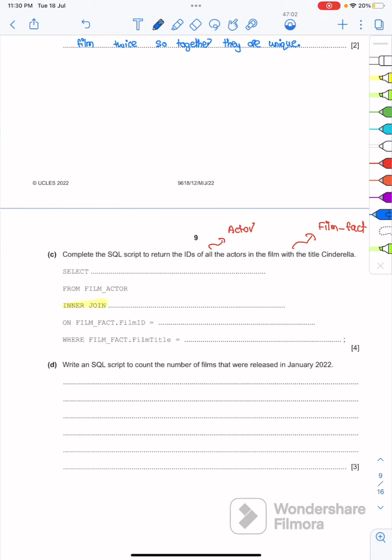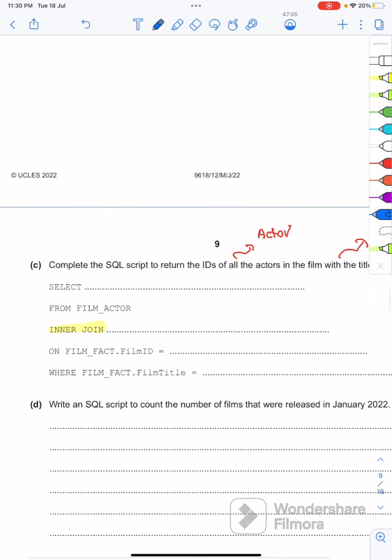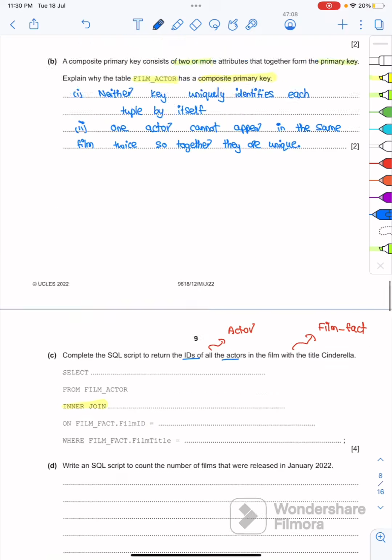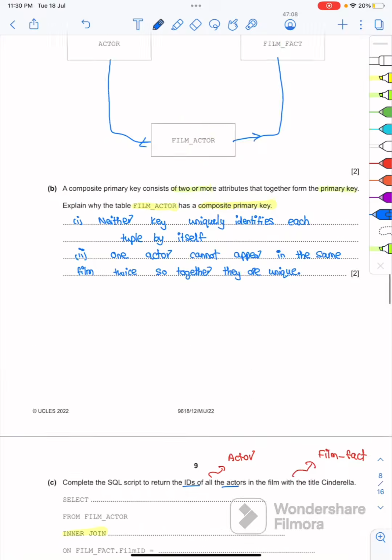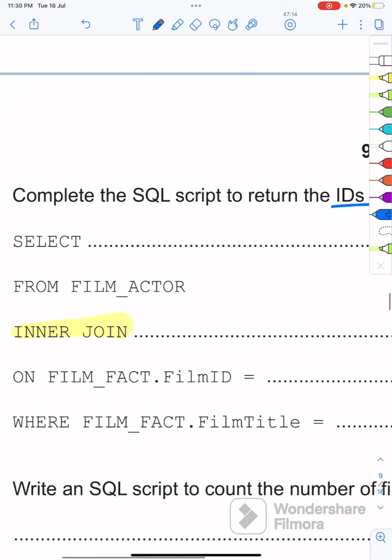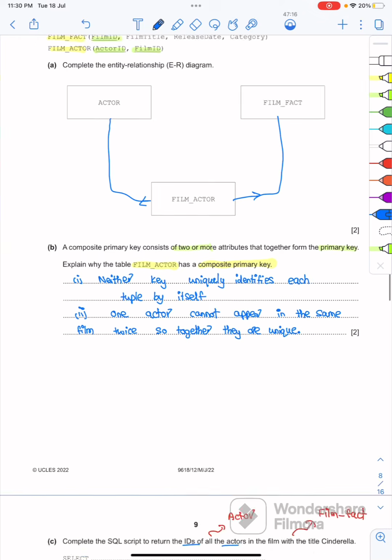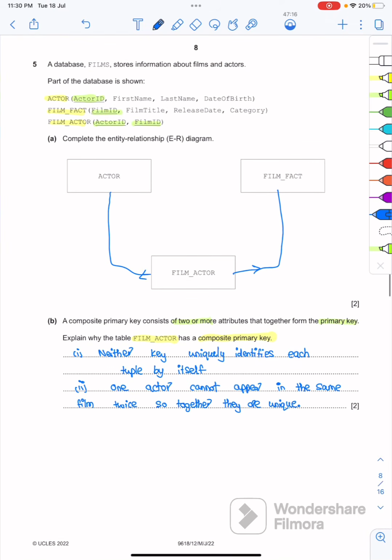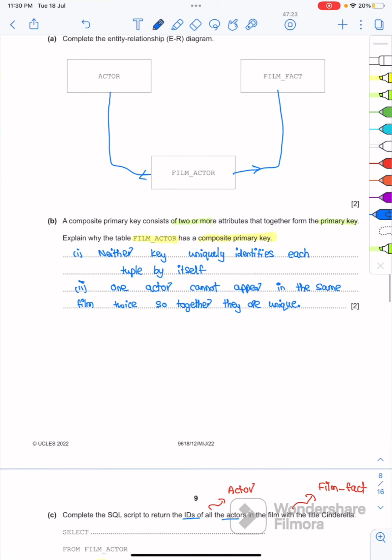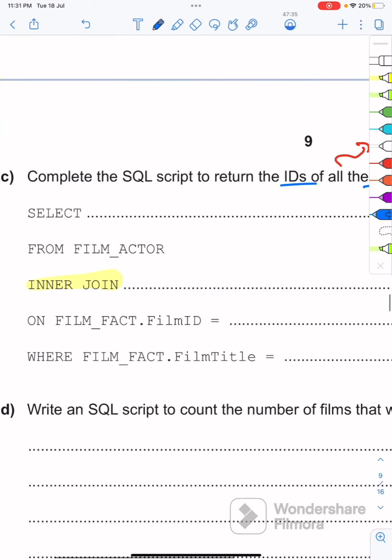But since they've used inner join, you're selecting, remember we have to return the IDs of the actors. So what's the name of the field? We're selecting actor ID, and we're going to be selecting that from film underscore actor, and we're going to inner join it.